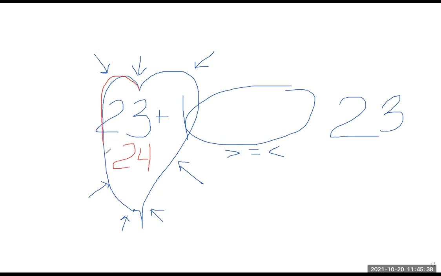So 24. Oh, I need to solve it first. This is going to happen to you. I'm going to ask you to solve something on one side and then help me compare. So now what would I put in the symbol, Olmo? You can just read it to me. 24 is bigger than 23.